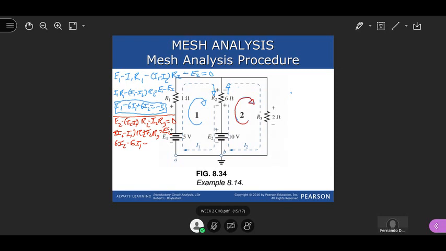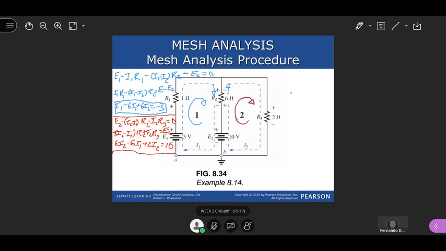Then plus I2 times R3, which is 2 I2, equal to 10. Right? Now this is going to be my equation number 2.